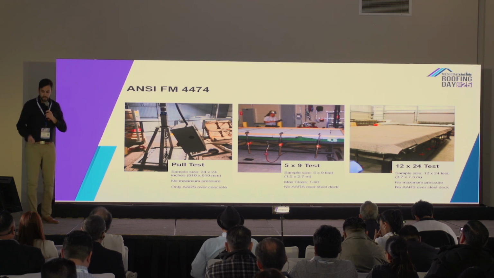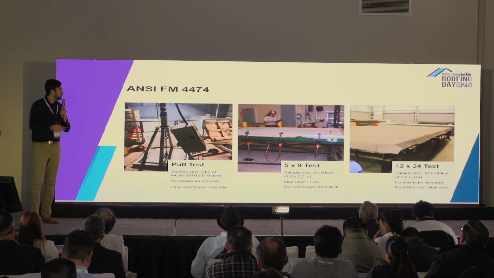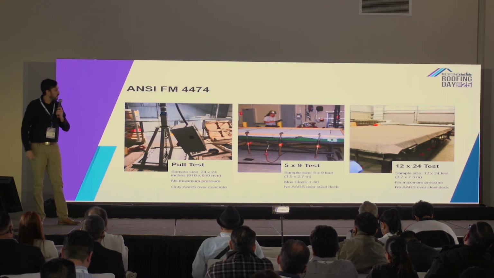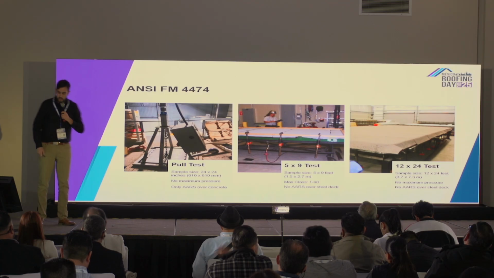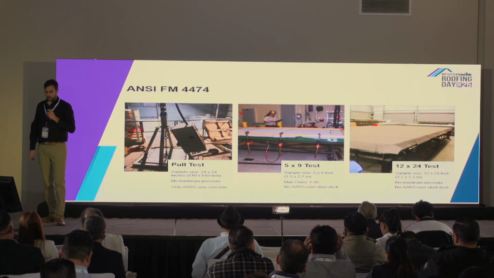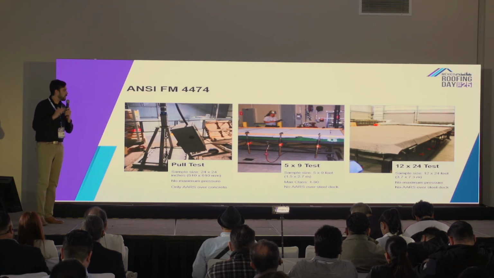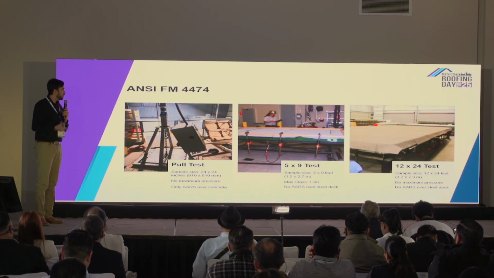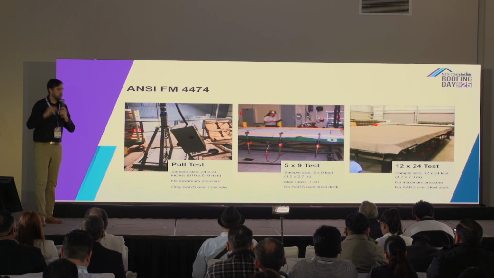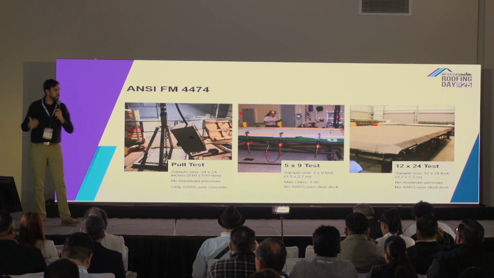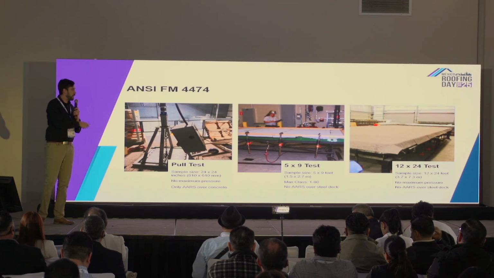Afterwards, you're gonna have the 5 by 9. Those 2 pictures on the middle one and the right one are taken from FM, so the lab in Rhode Island. So 5 by 9, you can test steel and wood deck, but you can only go to 90 PSF. So you cannot have a higher rating when you do a test on a 5 by 9.